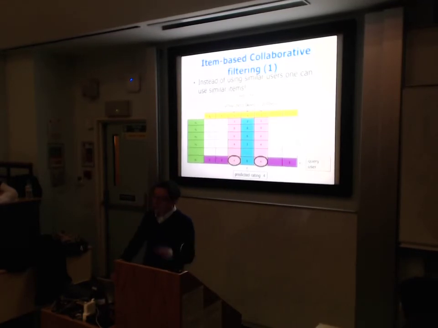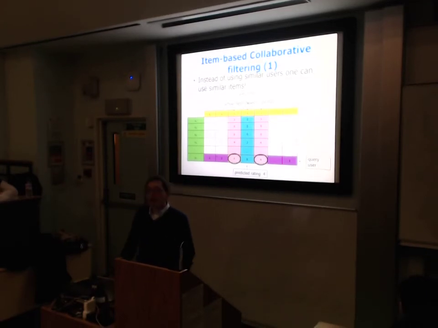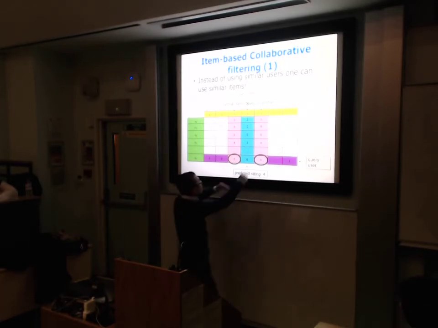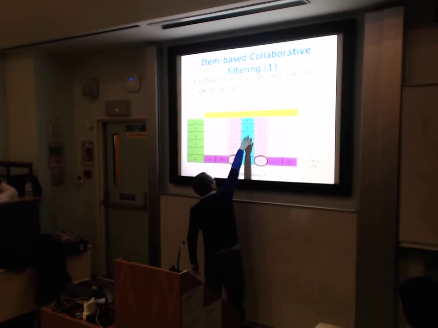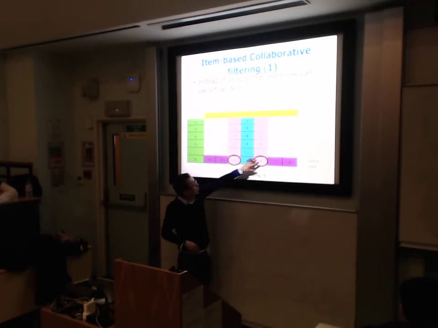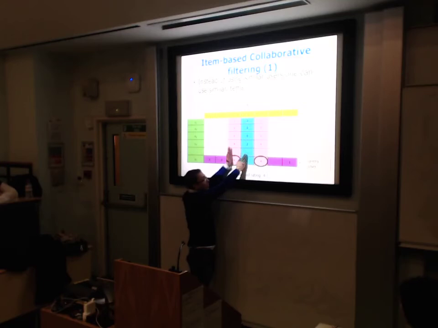So as I said, there's one way you can look at it, which is similar users, but equally you can look at similar items as well. Instead of looking for a prediction from the ratings of other users, you can also look at the ratings from this particular user to see whether these two items, these two movies, are similar.